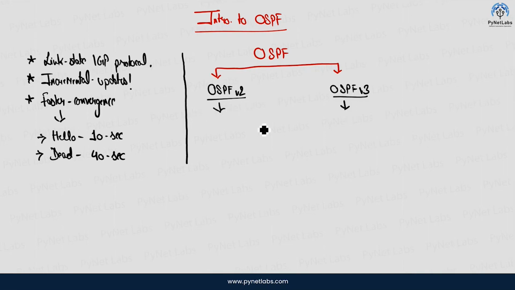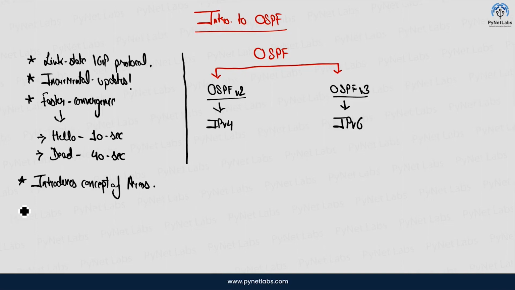Version 2 is considered for IPv4 addresses, whereas OSPF version 3 is considered for IPv6 addresses. Also, OSPF introduces the concept of areas, which is a very important thing for OSPF to function.